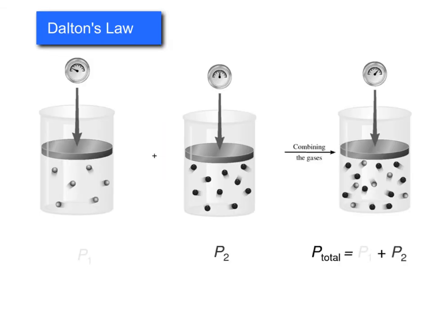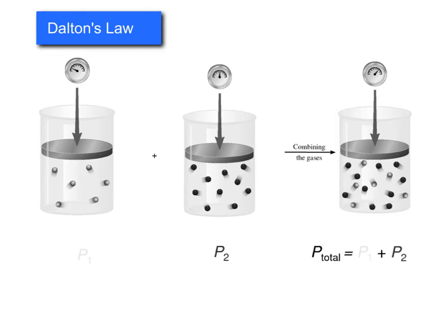The next thing we're going to do, the last law, is Dalton's Law, and this one is different than the other laws that we've done. It deals with partial pressure. Partial pressure is just the pressure that comes from one specific gas if you have more than one gas present in a container.